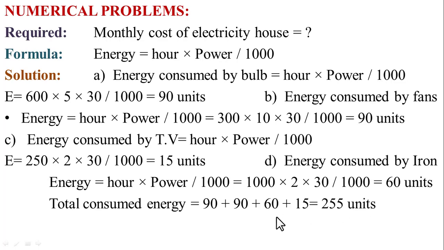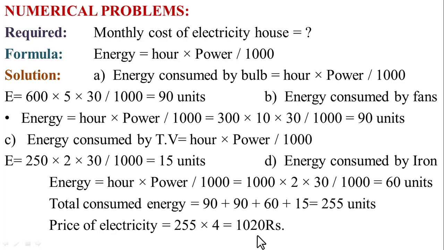Now we can calculate the cost. So price of electricity is equal to 255 multiplied by 4, that is equal to 1020 rupees. Total cost is 1020 rupees.